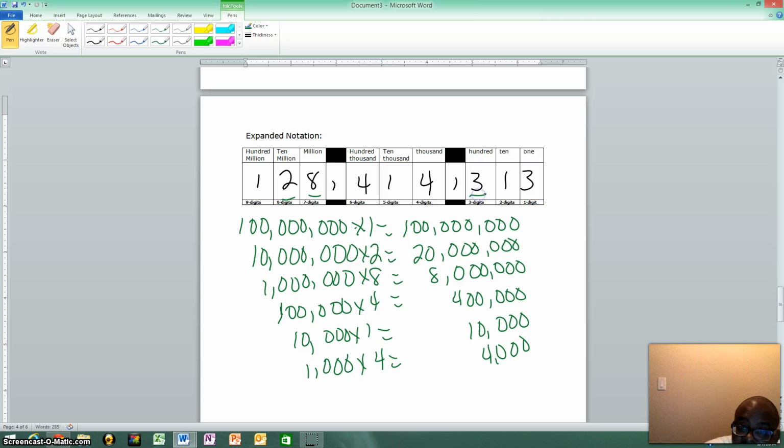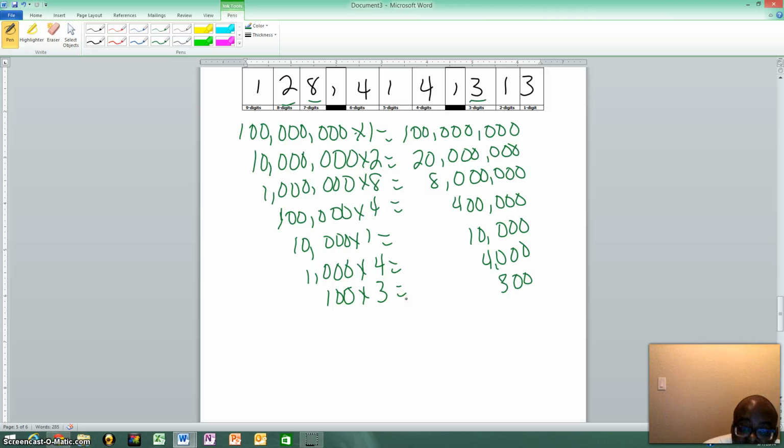We're in the hundreds place now. So we have 100 times, how many do we have? 3. To give us 300. Then 10, how many tens do we have? We only have 1 to give us 10. And then ones, we only have 3 to give us 3.